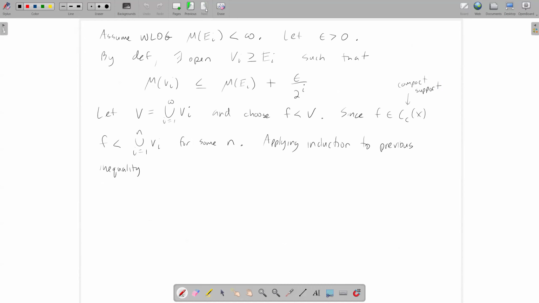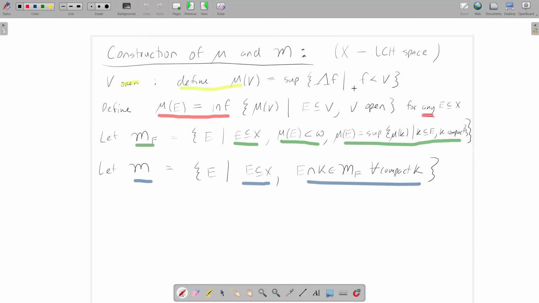So applying induction to that inequality, we get that first of all, lambda f is less than or equal to the measure of the finite union. Okay, that's just by the definition.